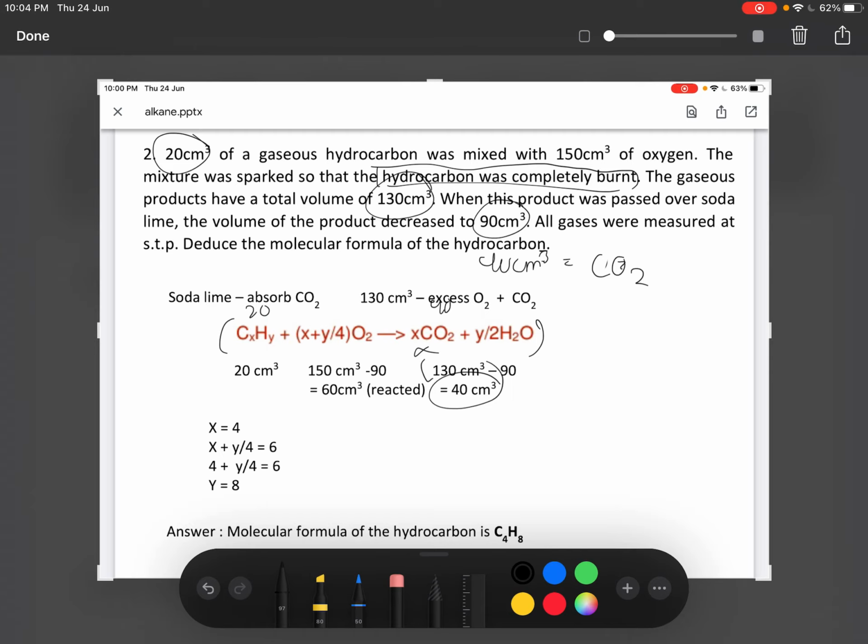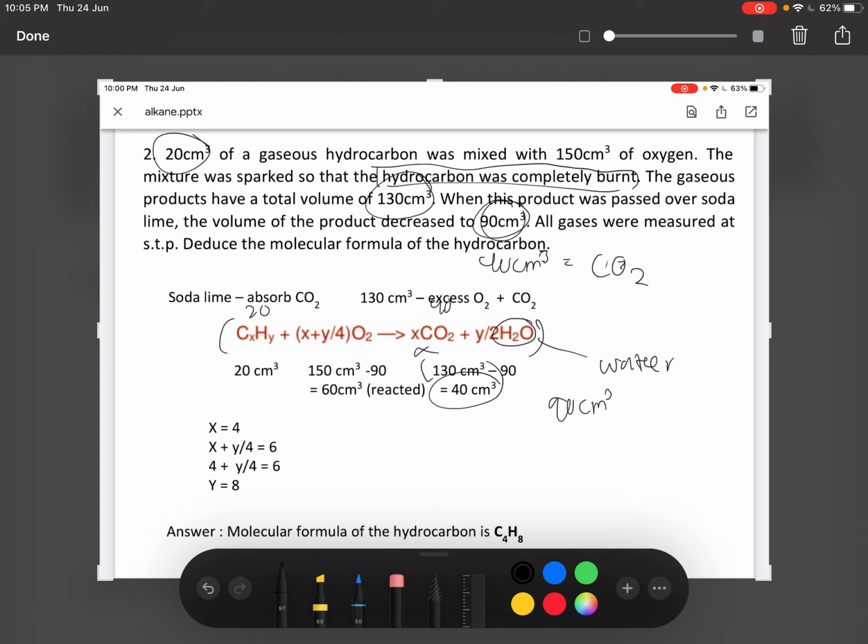When we reacted this, we assume that the H2O became water. So there's only two things left in the product: carbon dioxide and oxygen. If 40 of the 130 is carbon dioxide, then the remaining 90 is oxygen. So we have 90 cm cube of excess oxygen.